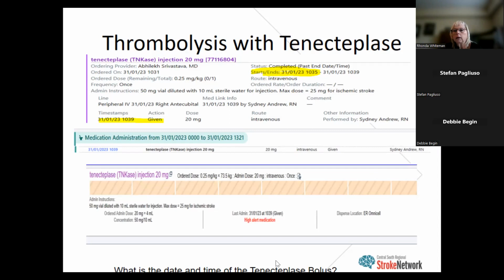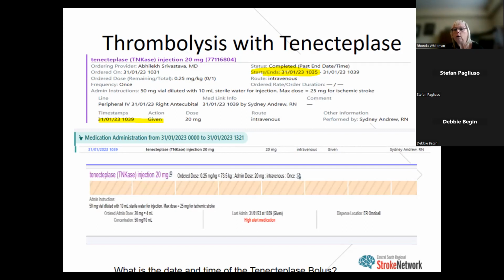I'll go back. This is a great example that came from Hamilton Health Sciences. We went live in January of 2023. It's a different mechanism in our electronic medical record.